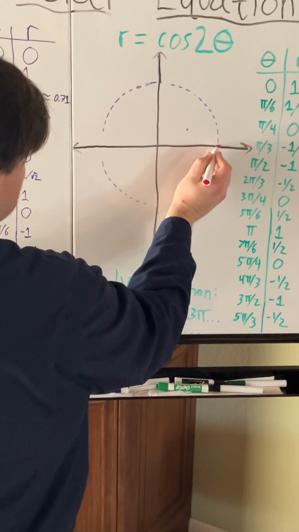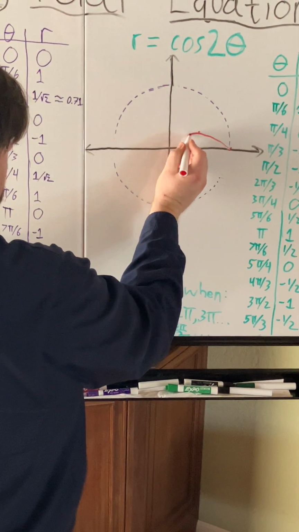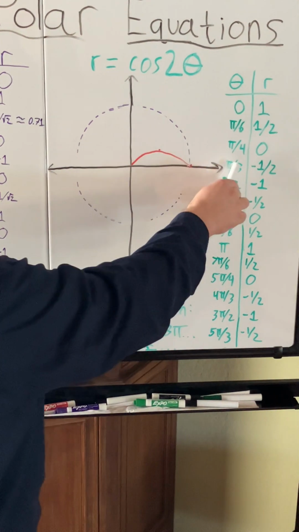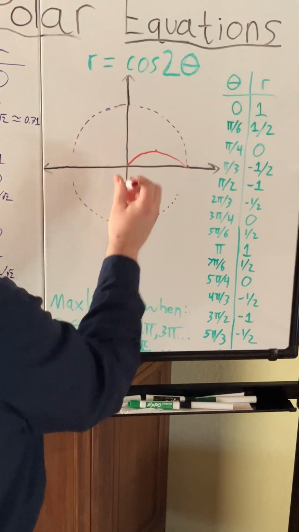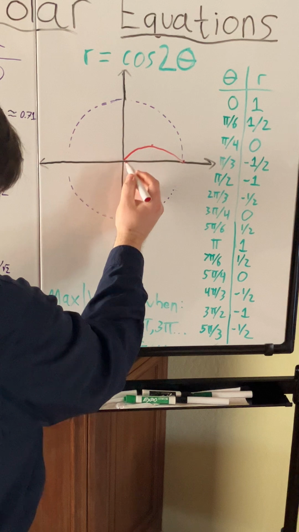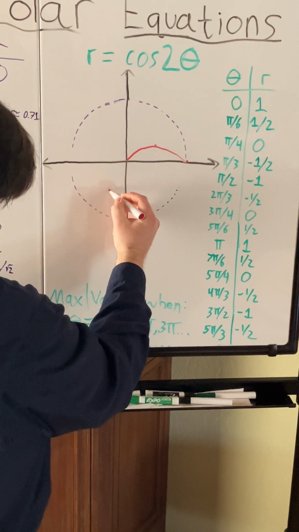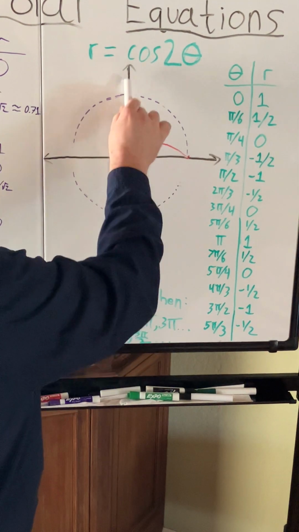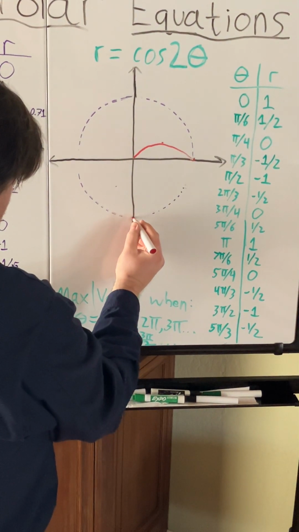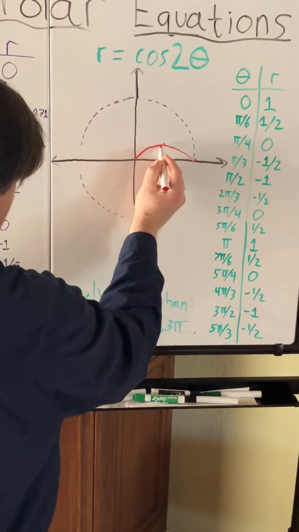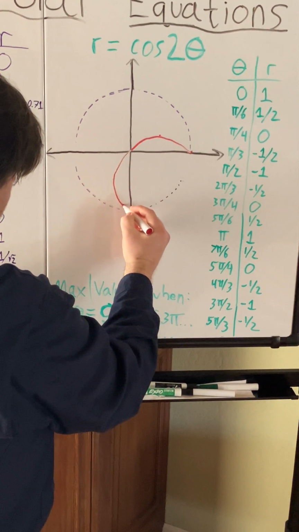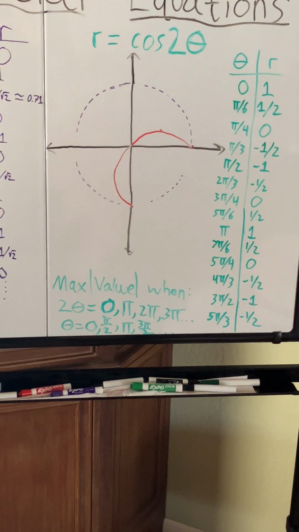So you can sort of already see the first part of this graph goes like that. At pi over 3, we are at -1/2. That's maybe here-ish. At pi over 2, we're at -1. So you can see how this shape takes place. It goes through here, comes through this point, hits there.